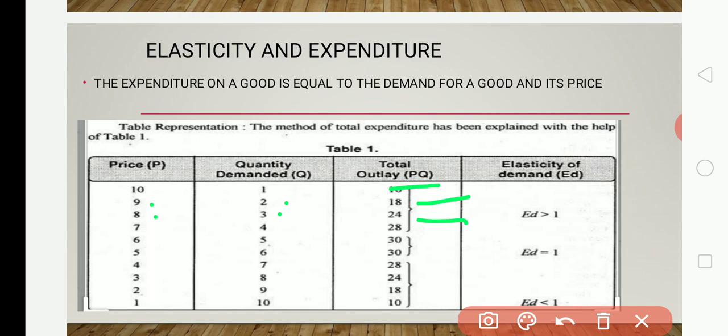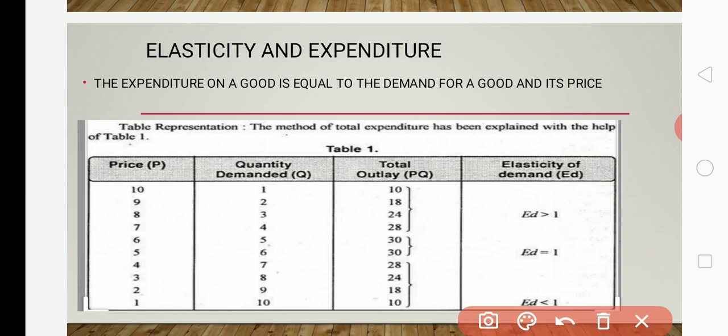If you multiply this P with Q, you will get the total outlay. Again, 1 tens are 10, 2 nines are 18, 3, got it? So this is how to calculate the total expenditure method.